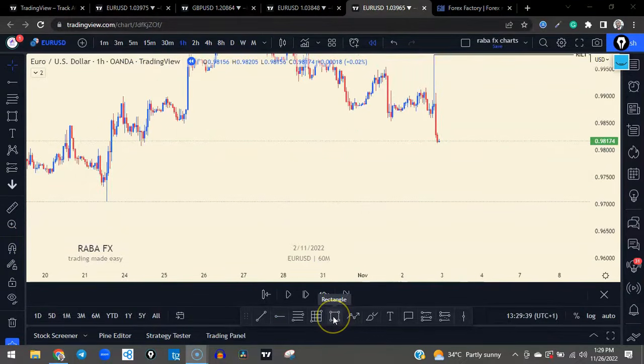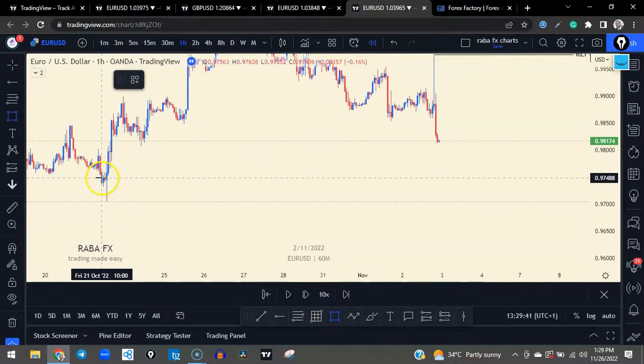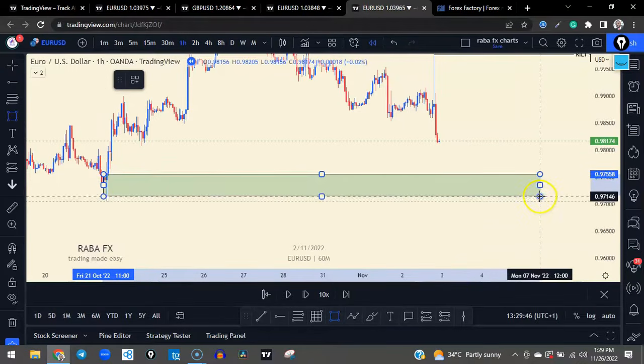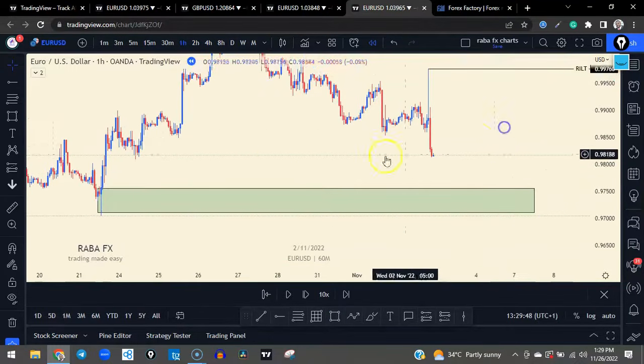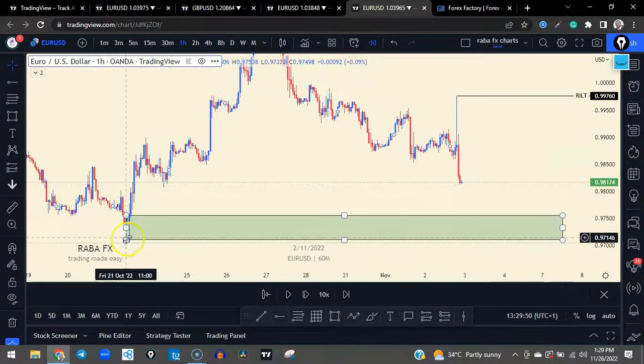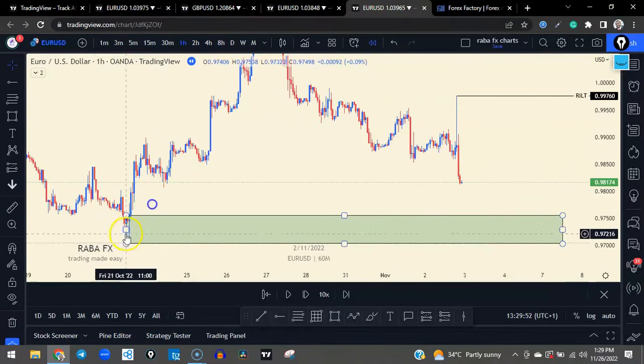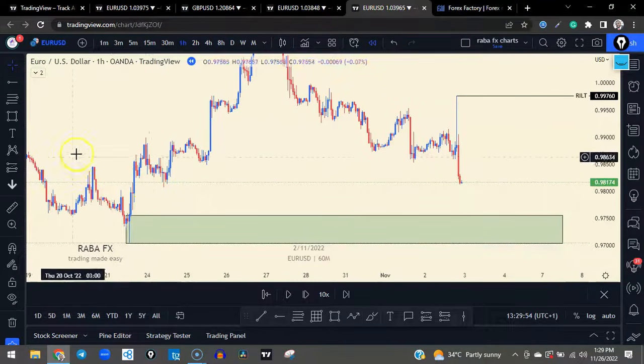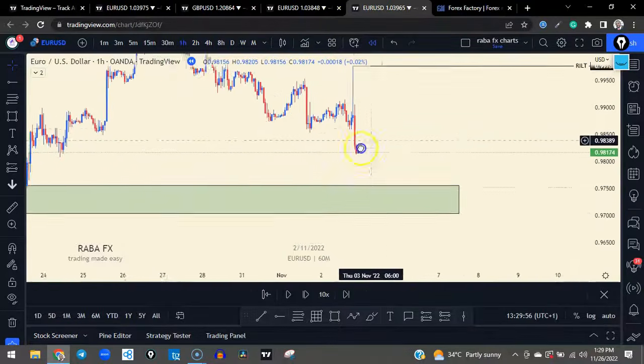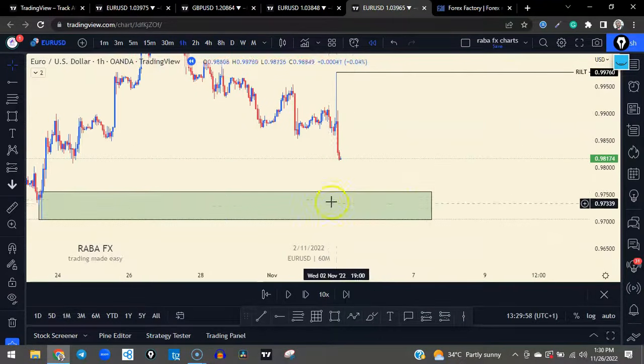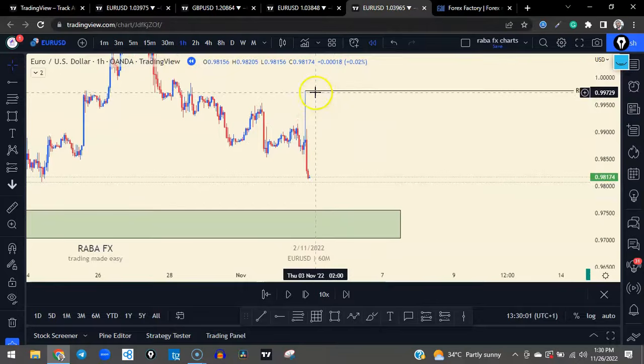So, in this case, we have our demand zone here. This demand zone right here is the one I'll be interested in, because it is a true zone to look for buys, and it created a break of structure. So now I'll be waiting for price to come in here to target here.